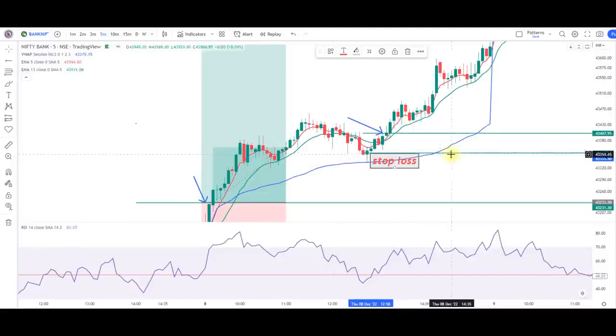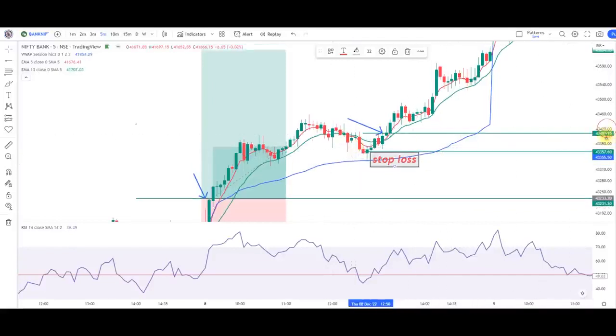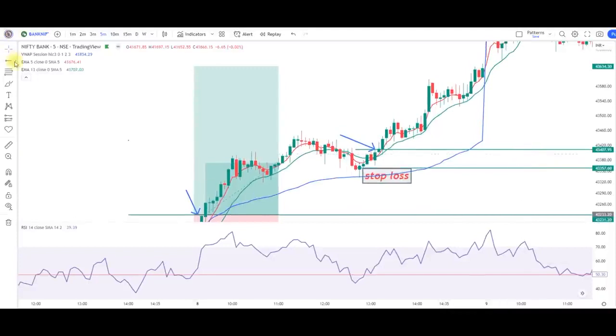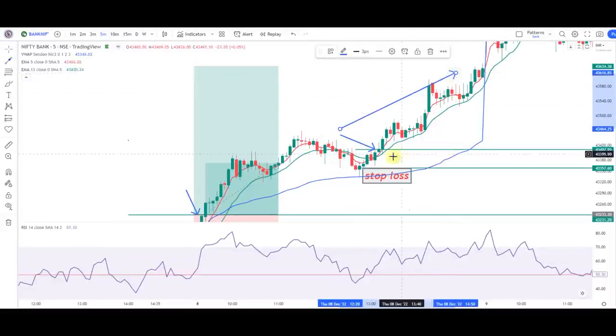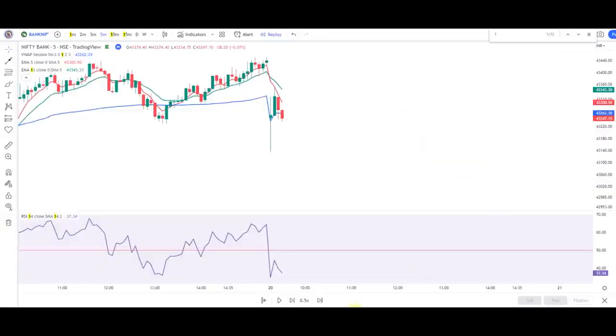So this is our second trade. On the same day, we got 2 entries in Bank Nifty. After that, we can see here we got a nice up move. So you can book your profits. You can trail along with the 5 EMA, or you can book the profit according to a risk reward ratio. We will look at an example for the sell side.